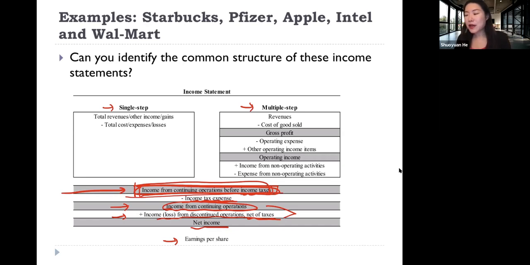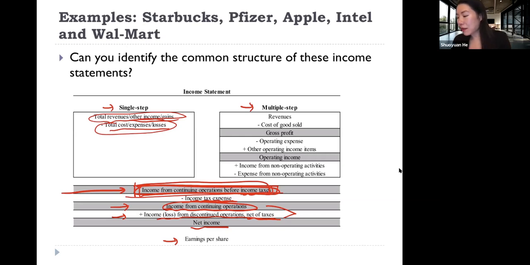For single step, the firm adds up all of the revenues, income, and gains together, and then subtracts all of the costs, expenses, and losses. It groups those two separately, takes total revenue and gains minus total cost, expense, and losses, and that gives you income from continuing operations before income tax.